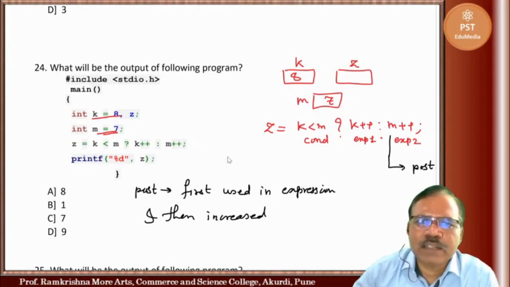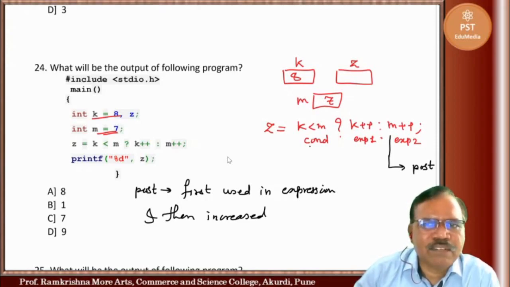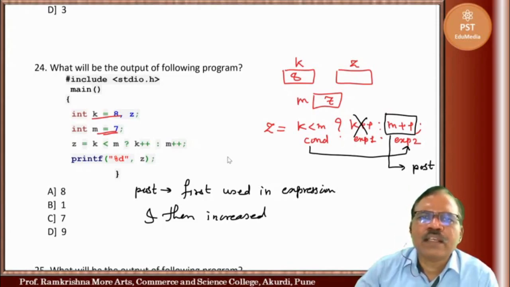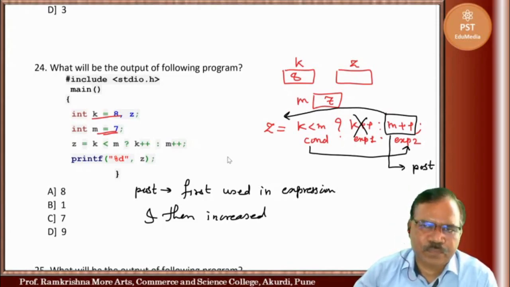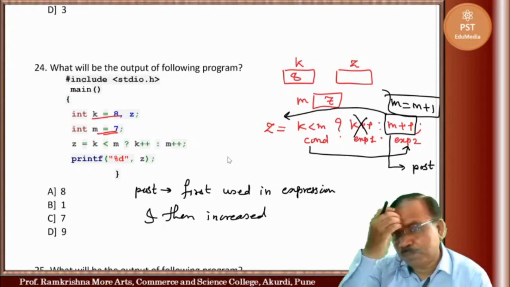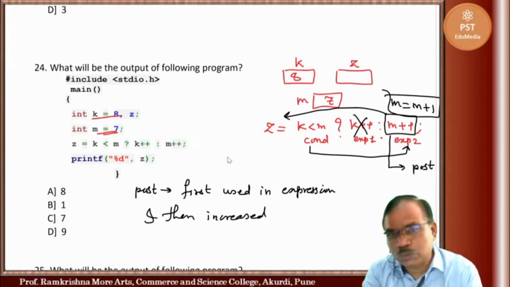So what happens here? Our condition is false. So this one is evaluated. This is not evaluated. So whatever value of this expression, it is given to z. What is the expression? m equal to m plus 1. But what happens here? It is post increment, means first use.